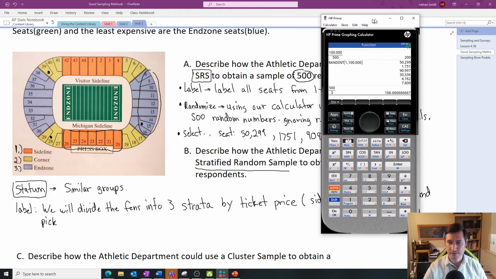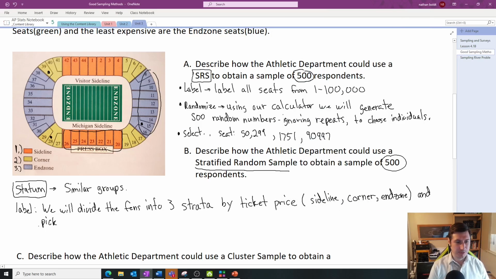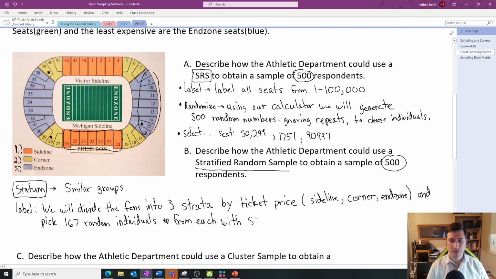It gets messy. So we'll go 167 and pick 167 random individuals from each with an SRS, a simple random sample.